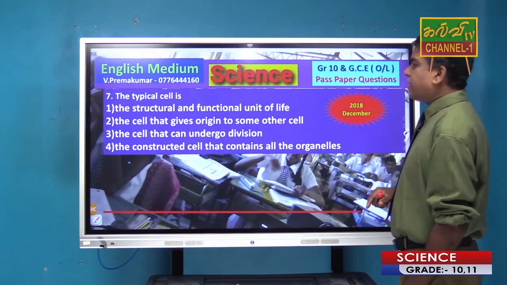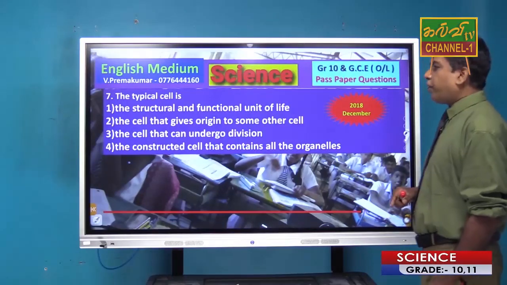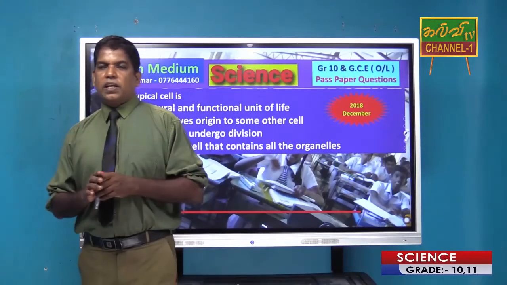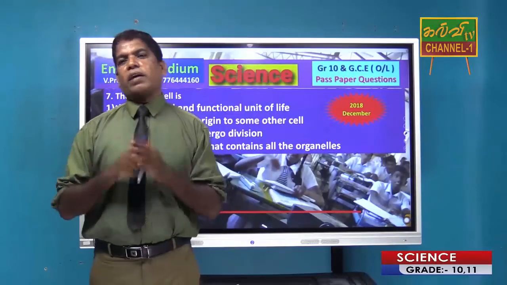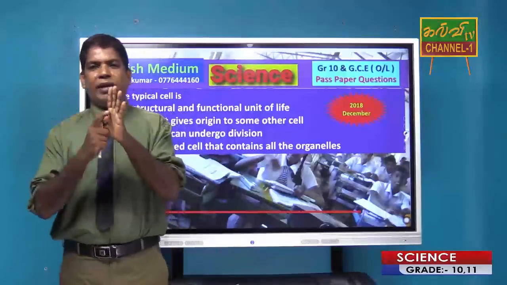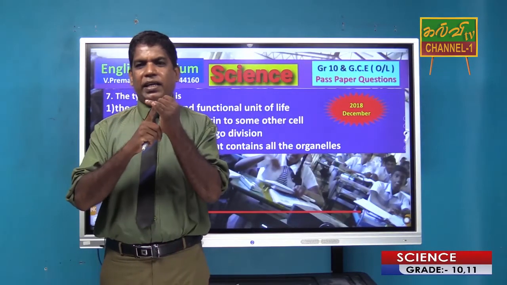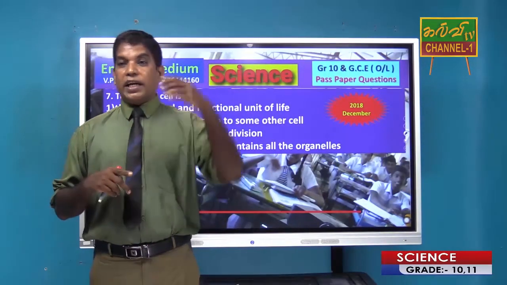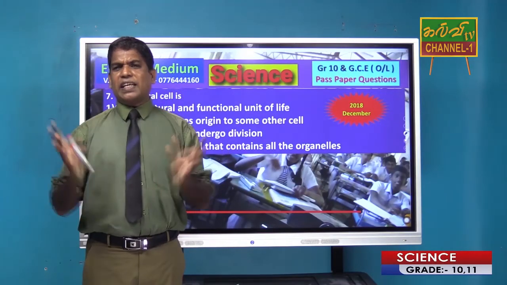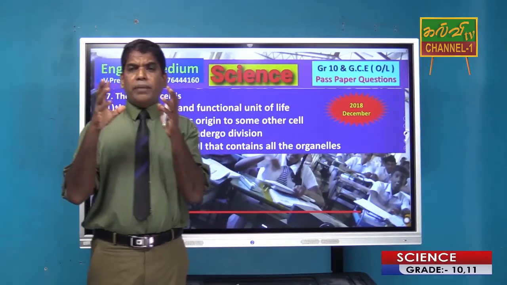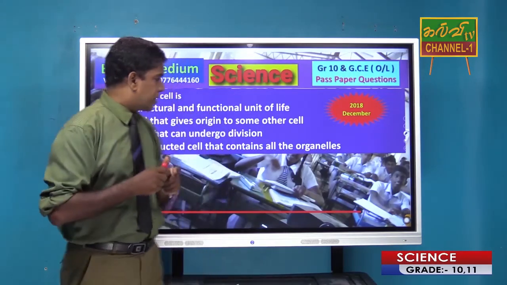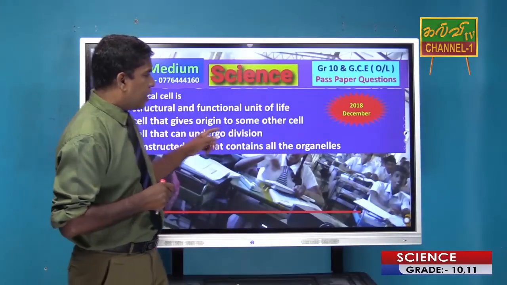Typical cell is the structural and functional unit of life. Students, you know that there are so many cells available in our body: blood cells, red blood cells, white blood cells and platelets, then bone cells, nervous cells, reproductive sperms and eggs, and so many cells. Sometimes some cells have more mitochondria, which are cell organelles we will study later.